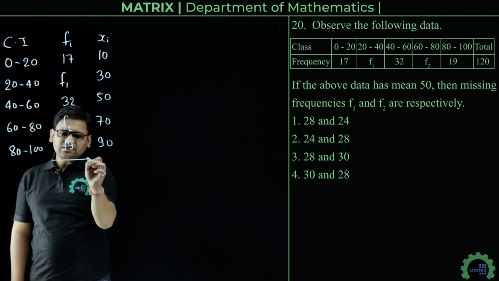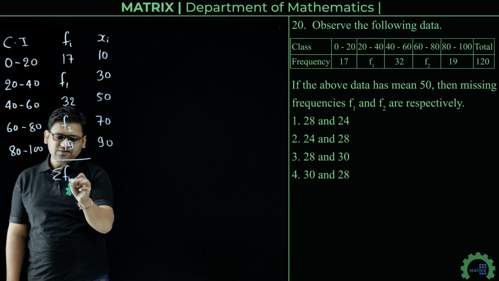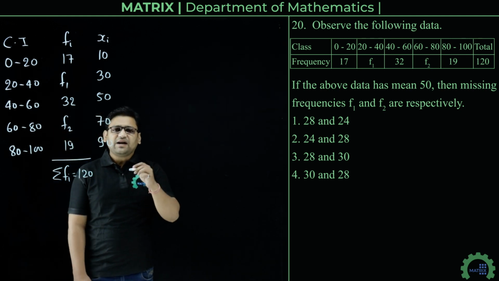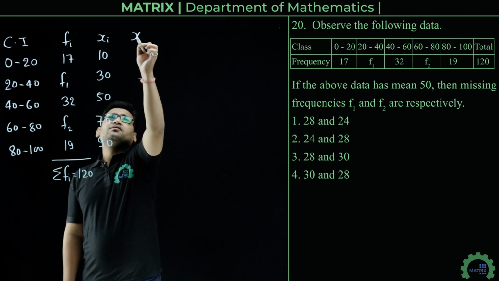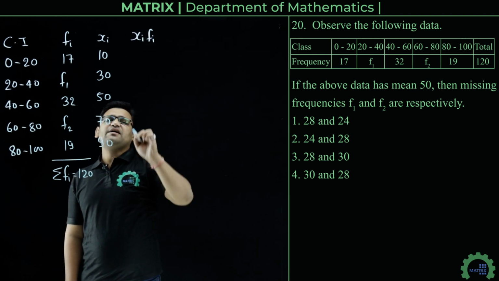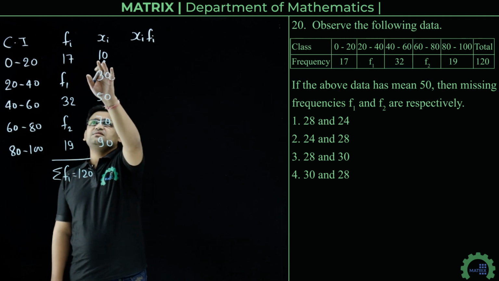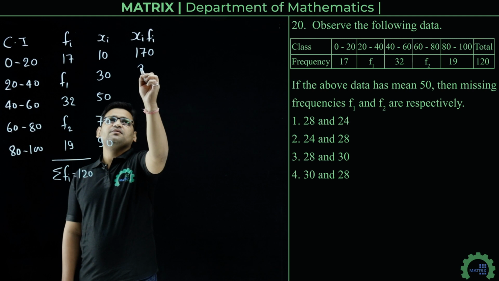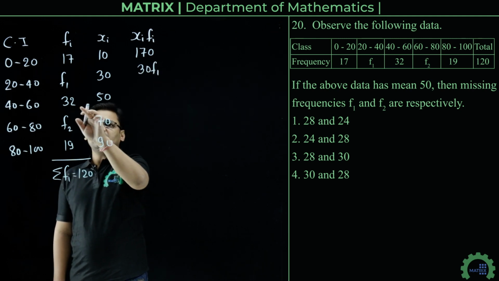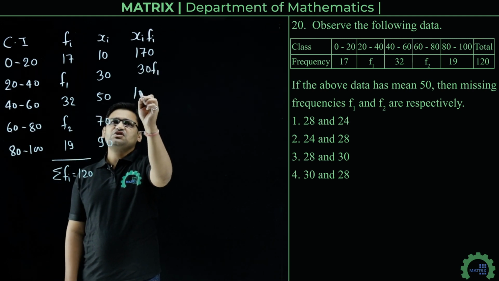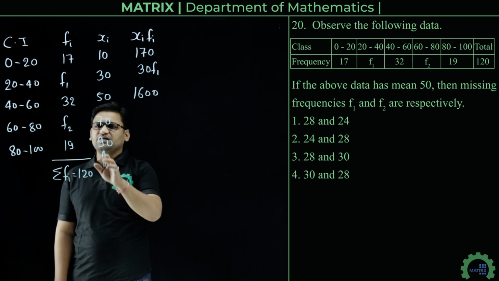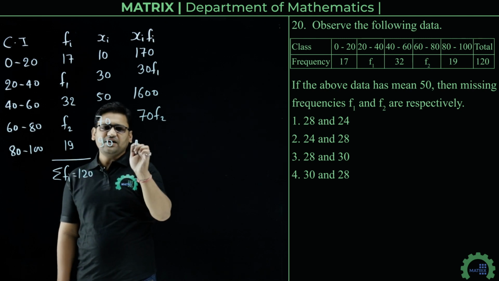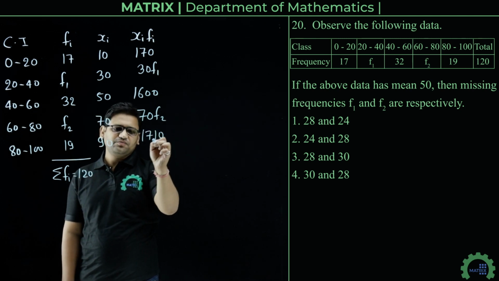Here sigma Fi is given, that is 120, and at last we will find the value Fi xi or xi Fi, that is 170, 30 F1, 32 into 50, that is 1600, 70 F2, and 19 into 90, that is 1710.